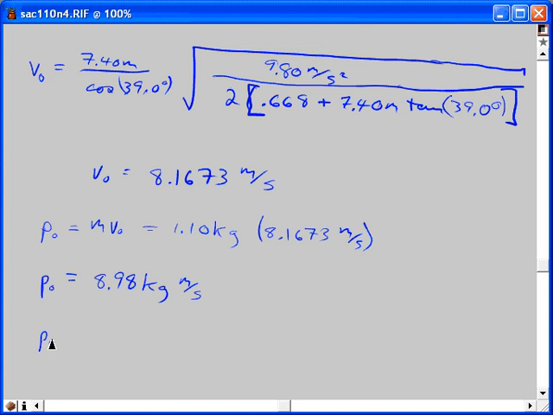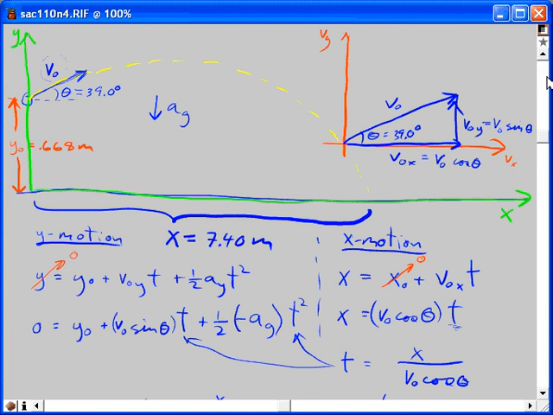The p0 vector itself with magnitude and direction is 8.98 kilogram meters per second with a direction of, I'll go in the forward or downrange direction.